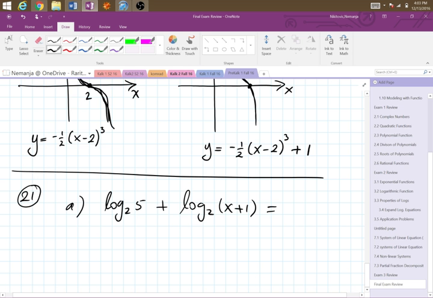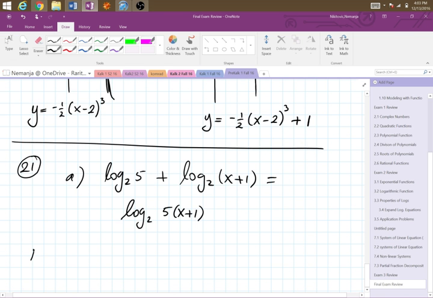There's only 5 logs. Yep, single log: log base 2 of 5(x plus 1). That's it, done. You don't have to multiply it.